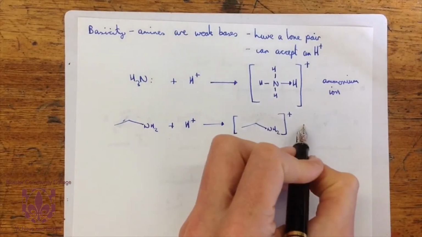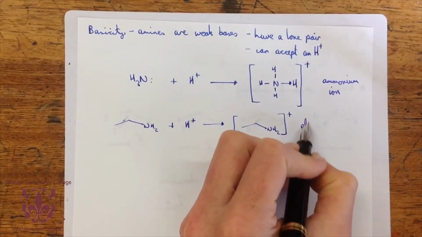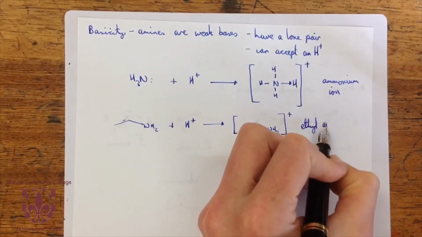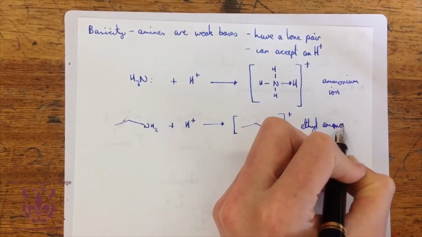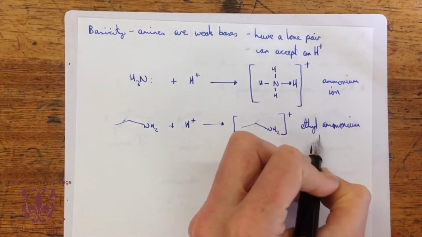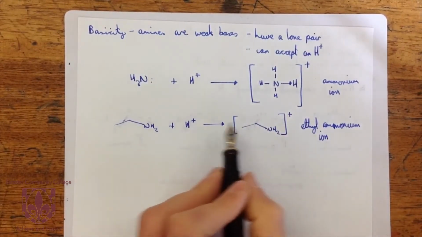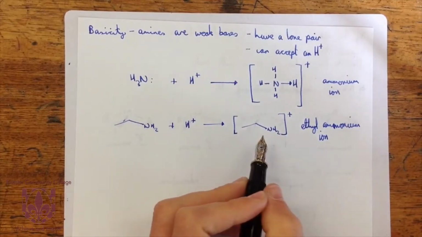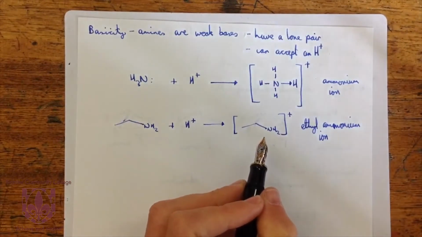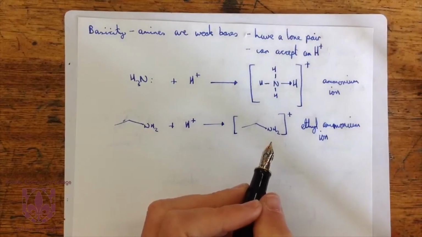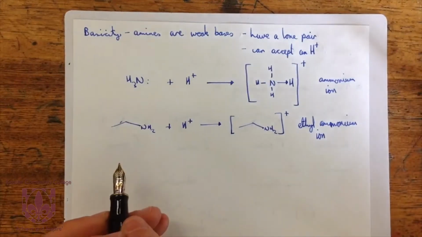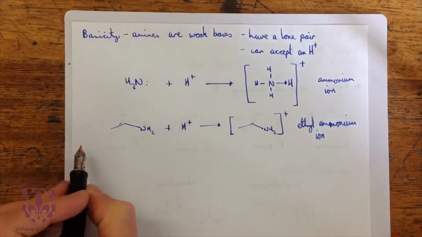And then this compound here is an ethyl ammonium ion. So you can see from the name ethyl amine, the ethyl ammonium ion. So they act as weak bases, and then doing this they can react with acids.